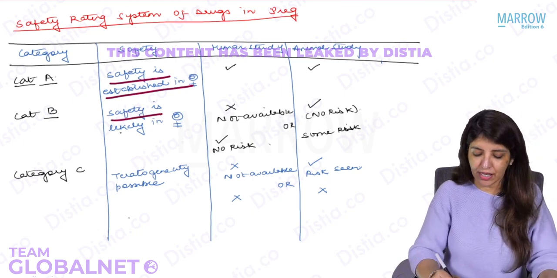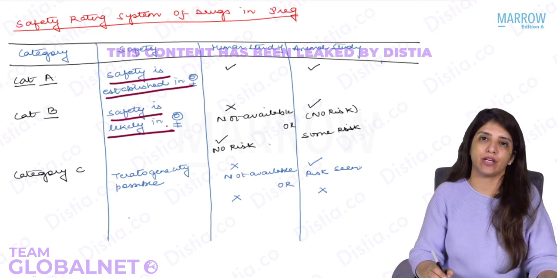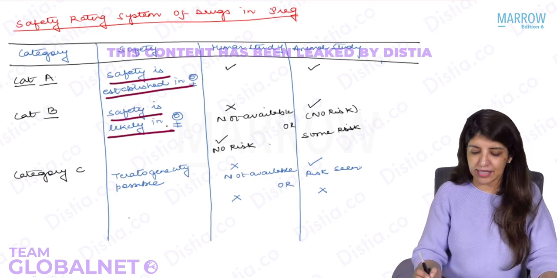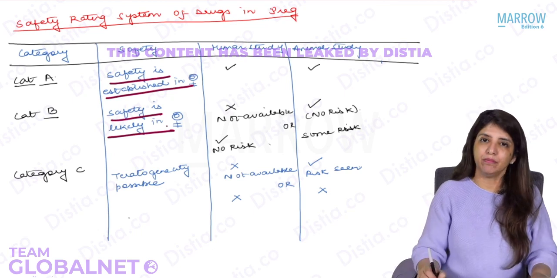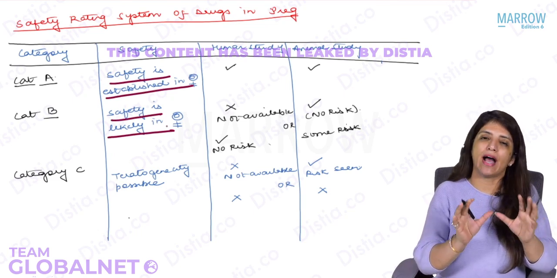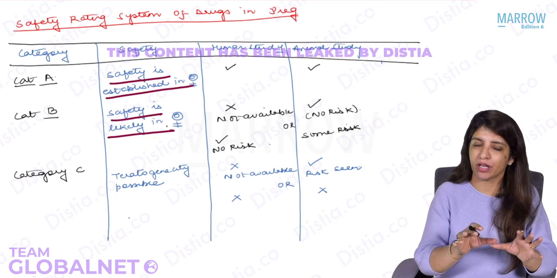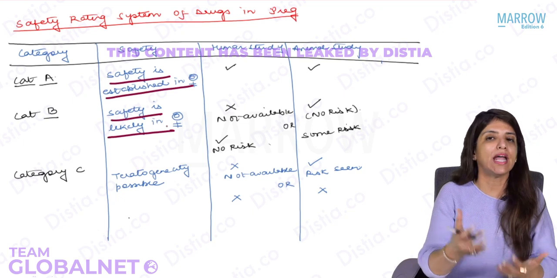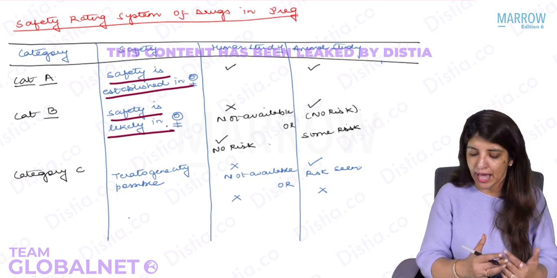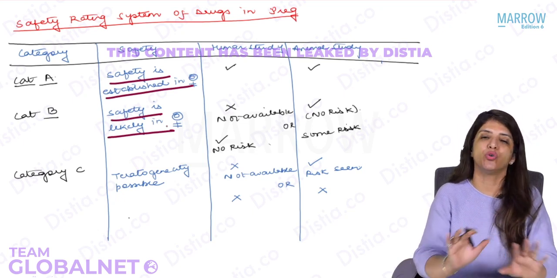Category B is safety is likely in a pregnant female. Why are we saying it is likely? Because in this category, either we don't have any human study and only animal study results are available, and in animal study it has shown no risk.